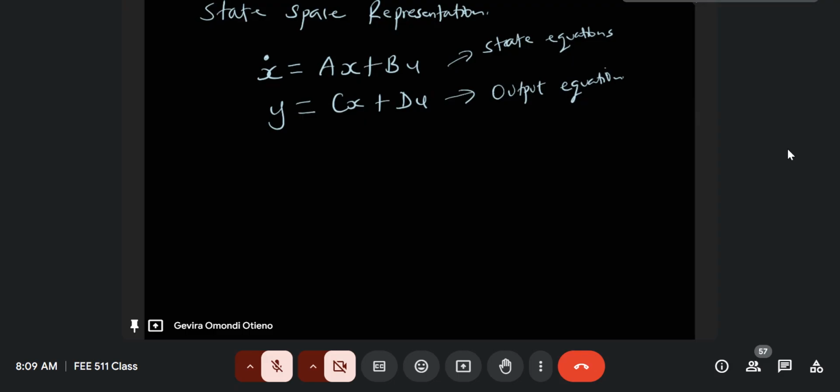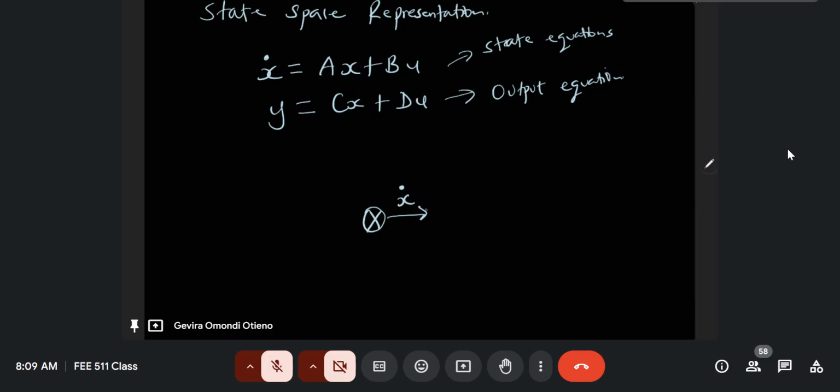If we start with the first one, you can see that the output is a derivative of x, and it's a summation of the product of A and x, and B and u. So I can start with the summation. I think we did this in the previous class, but I'll just repeat it for your sake. Now, let's say we have the x derivative here.